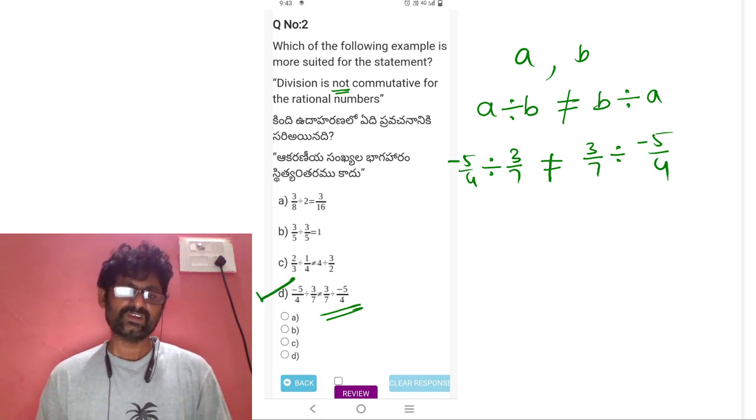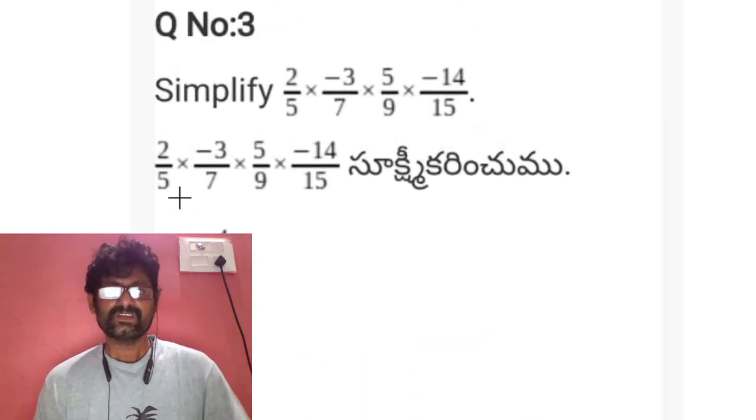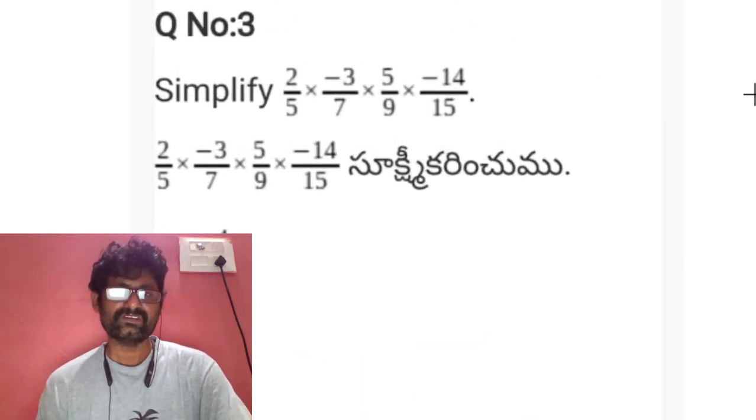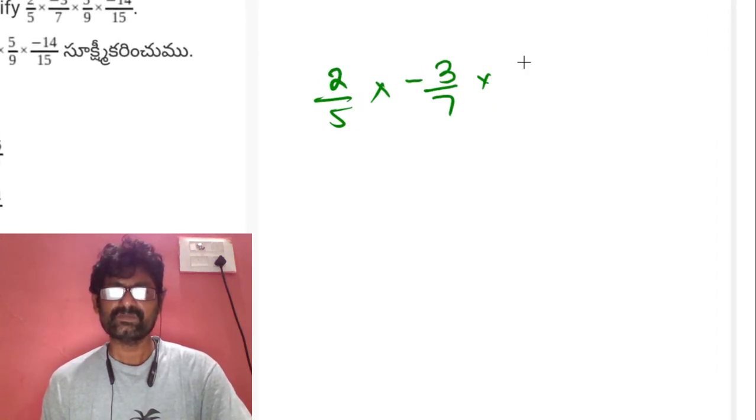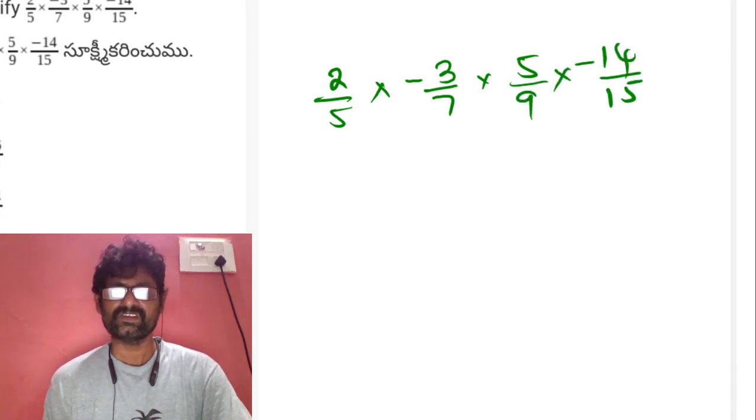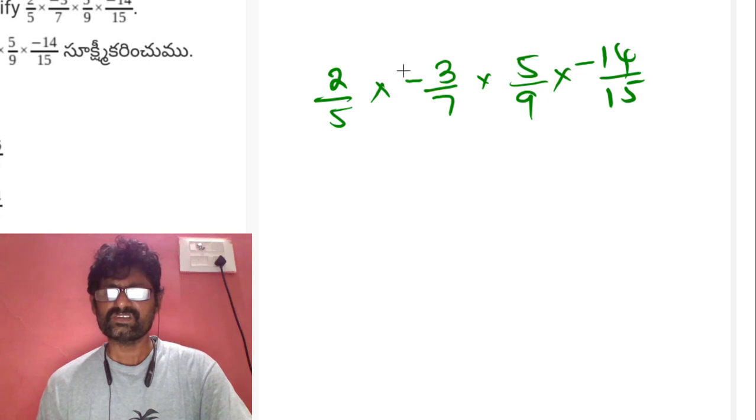Now let's go to the third problem. Simplify. We are given some values here: 2 by 5 times negative 3 by 7 times 5 by 9 times negative 14 by 15. We can easily cross out. Here you see, 3 times 1 and this is 3 times 3.